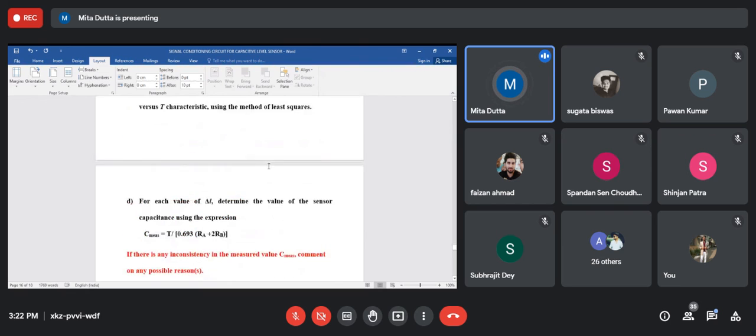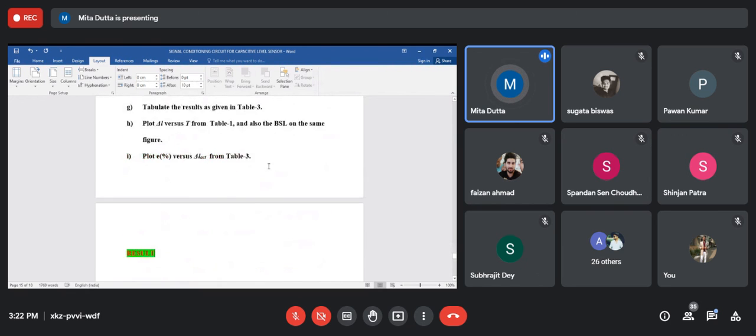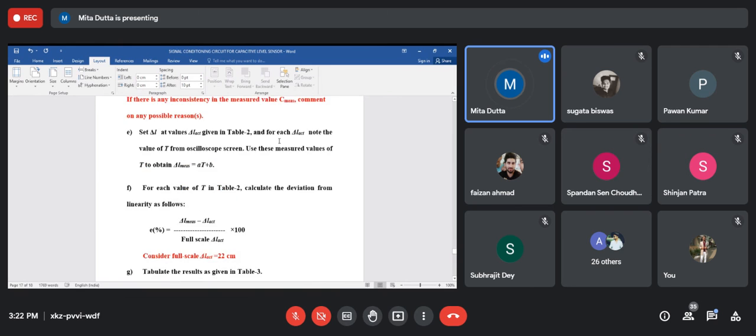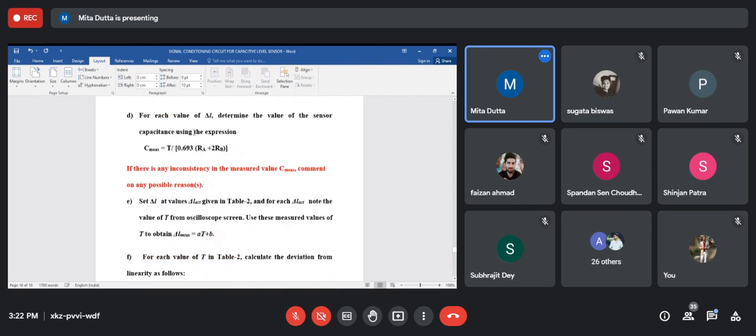So what you have to do, from run 1, del L has been given to you, and the time period has been given to you. From here you have to measure C, the measured value of C, using the formula.